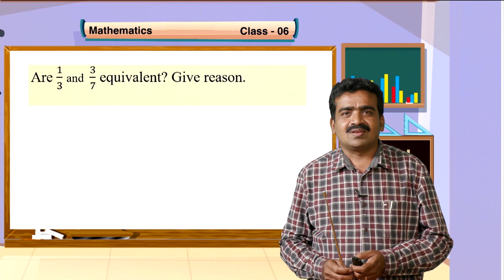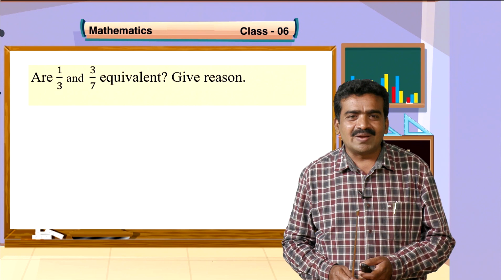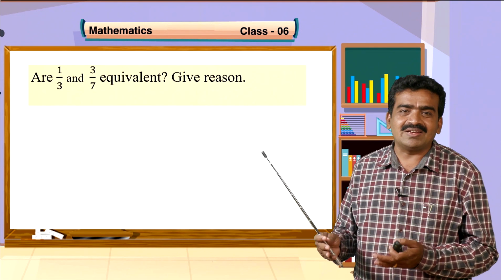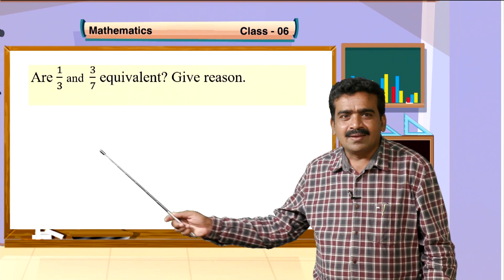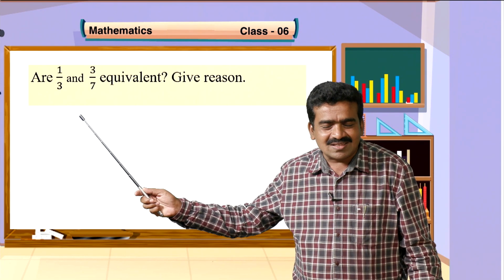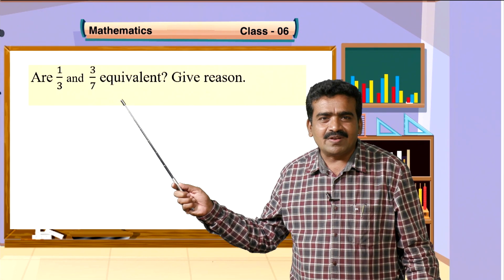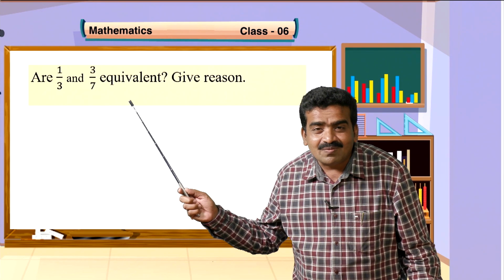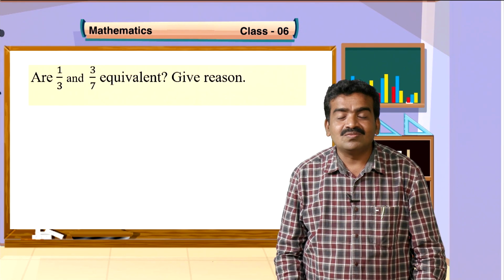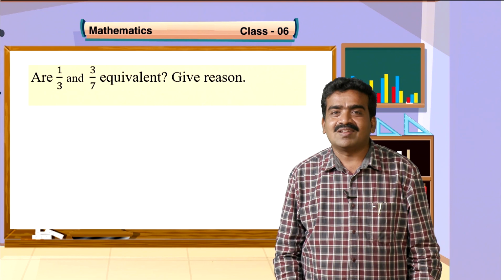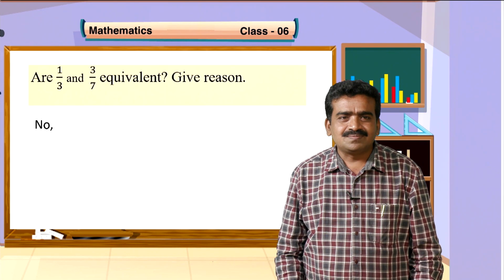Now, you have a question on equivalent fractions: are 1 by 3 and 3 by 7 equivalent? Give reason. Here a pair of fractions is given, and we have to verify whether they are examples of equivalent fractions or not, and also give the reason for our answer. Now, let us come to the answer.